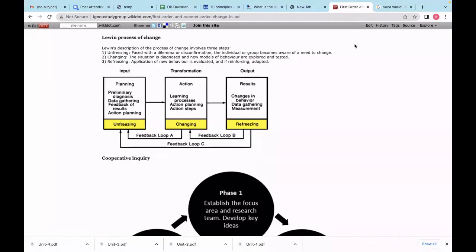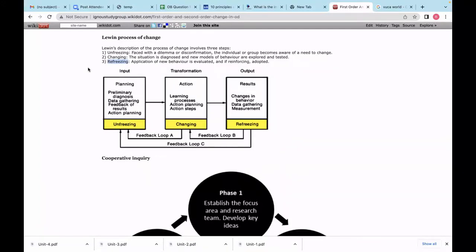And then the second stage comes where you're transforming yourself, where while doing the action you're changing, things started moving. This is where you actually even explore things because you started getting the feedback. And then the last stage where you get the results, the new behavior emerged already.